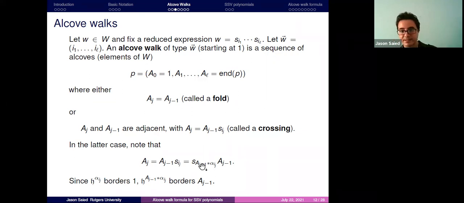And it makes sense that this is a wall of A_{j-1}, because alpha_{ij}'s hyperplane borders the fundamental alcove. So when you move everything by A_{j-1}, you take that hyperplane to a wall of A_{j-1}, and we're reflecting over that wall to get to A_j. Any questions so far?